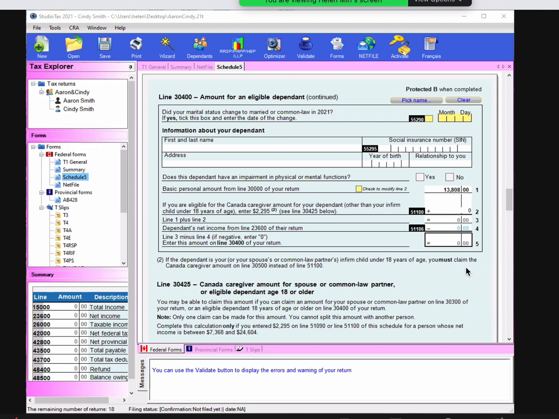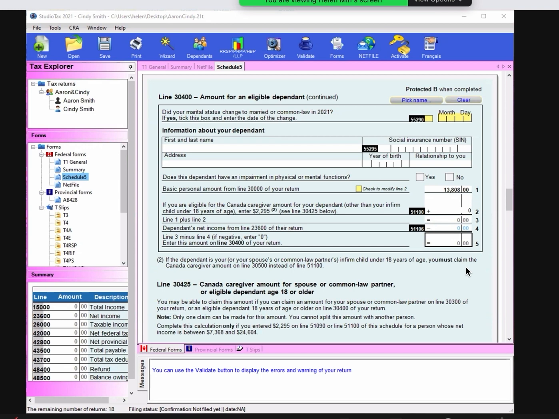That's a good question. I have a question also, because I still have some confusion. If the husband and wife are married and living together, and they have a disabled child, which one gets claimed, the spousal amount or the eligible dependent amount?